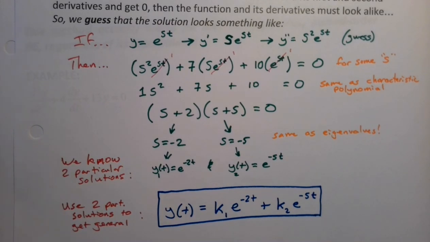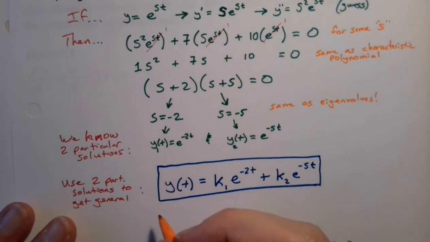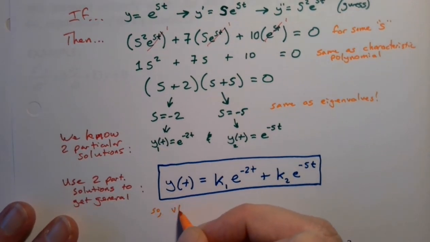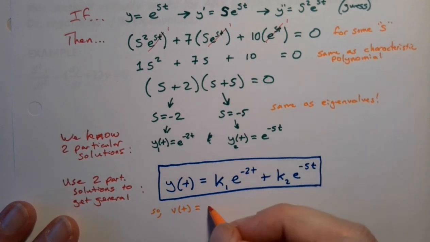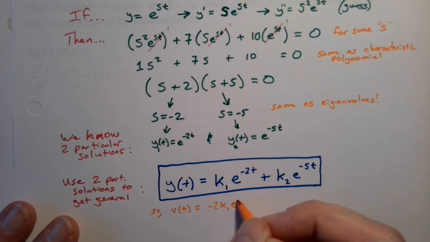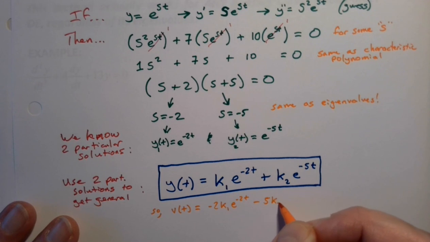And the other thing that's kind of worthwhile noting here, that means that we can calculate v of t by just taking its derivative. The derivative of this becomes negative 2 k1 e to the minus 2t minus 5 k2 e to the minus 5t.